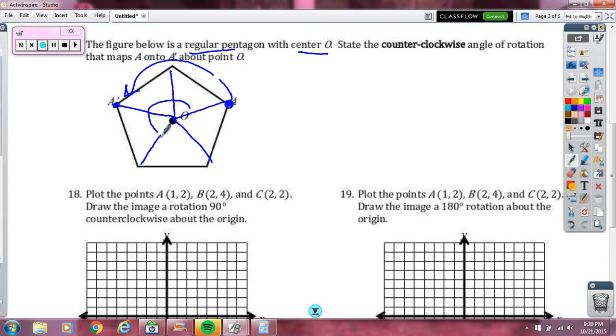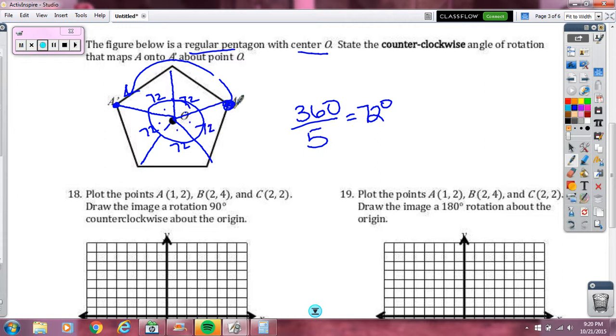So all the way around there in the middle, that's 360 degrees. But I'm dividing that 360 into 1, 2, 3, 4, 5 pieces. So each one is going to be worth 72 degrees. I'm going to go ahead and write that in. 72, 72, 72, 72, 72.